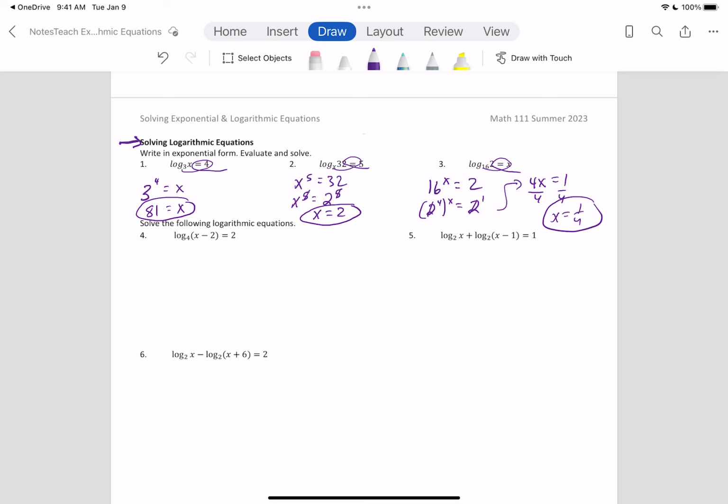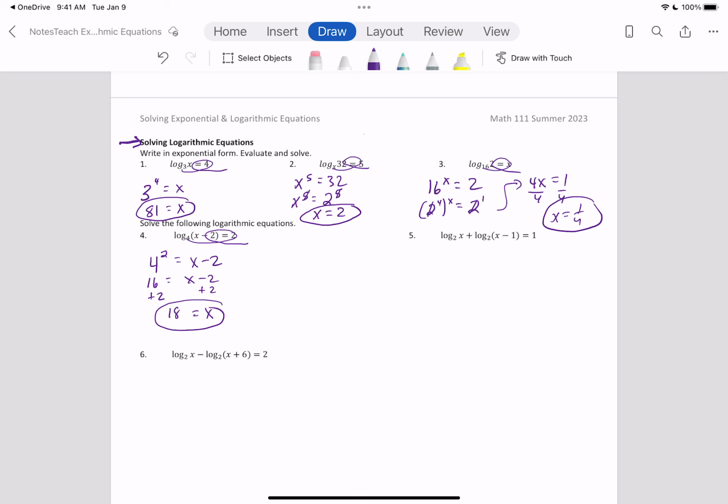It's given as a log, so I can still use my e here and say this is base 4 raised to the second power is equal to that expression x minus 2. So we just start simplifying and solving as we normally would. It's linear, so I just need to add 2 to both sides, and I get x equals 18.